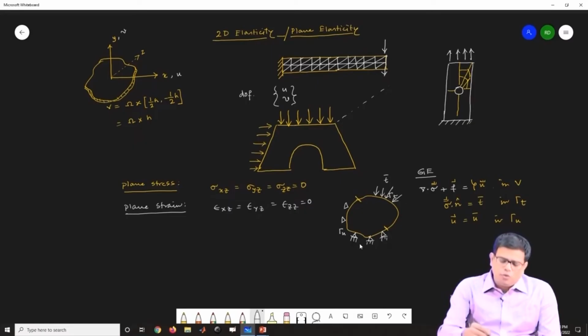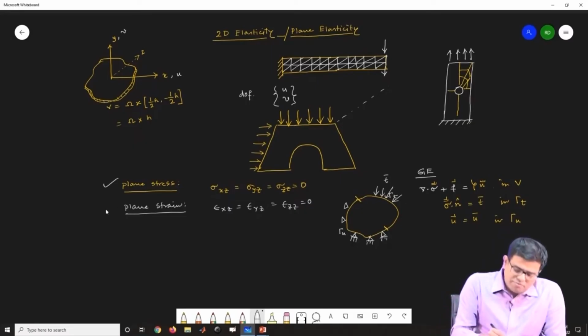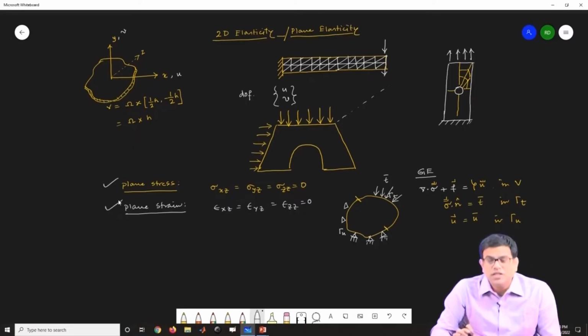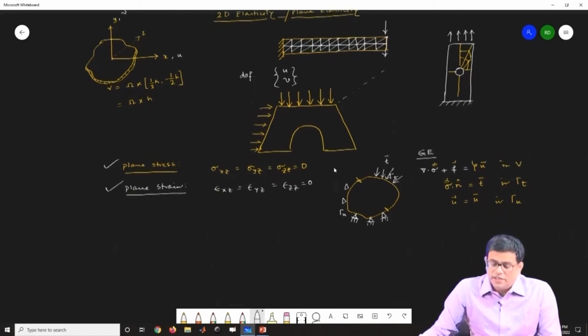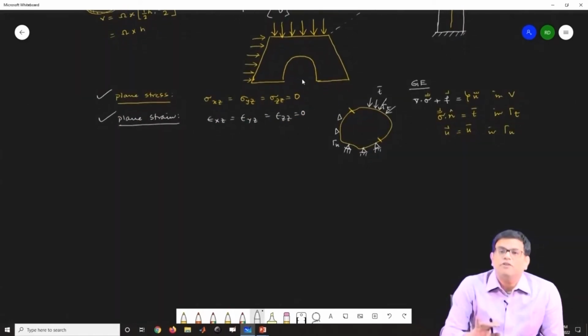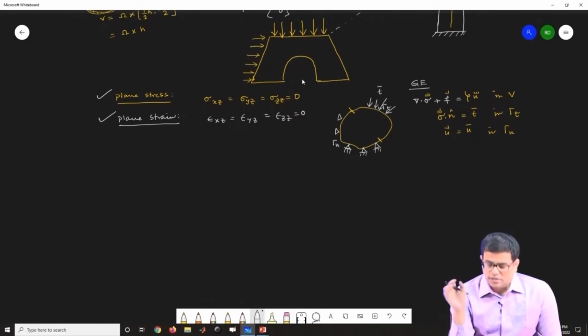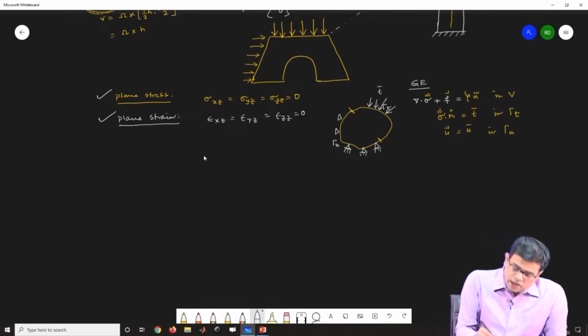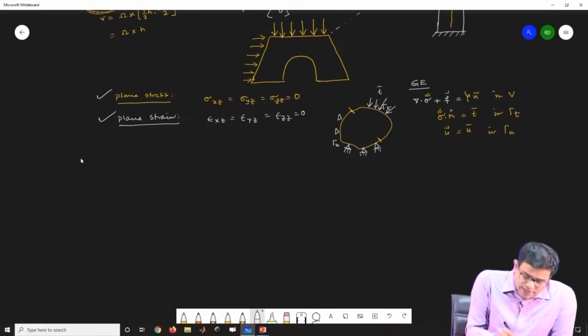Now if you apply the plane stress and plane strain assumptions to this equation, it finally leads to a simplified version of the two-dimensional elasticity problem. So let me now write this down. For this 2D elasticity, what will be the governing equation?